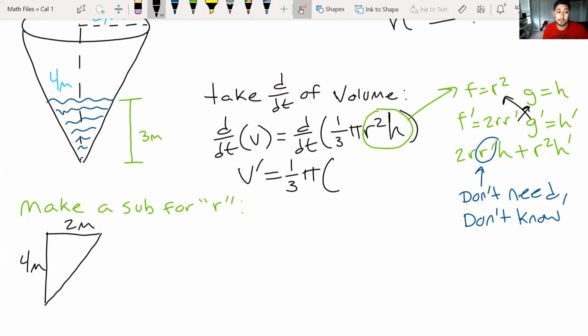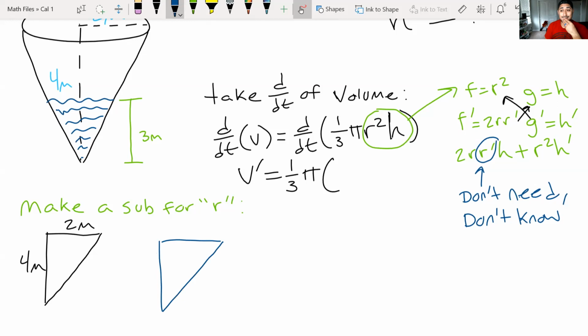So let's make a triangle for that. And I'll change color on that. So this makes our triangle. We know that it's 3, but we don't know the radius.